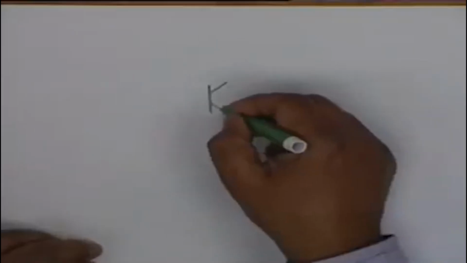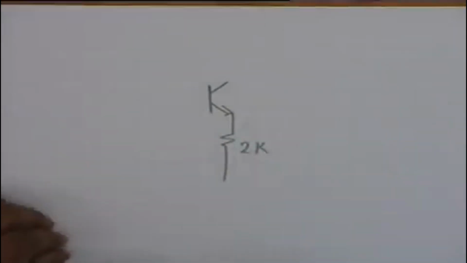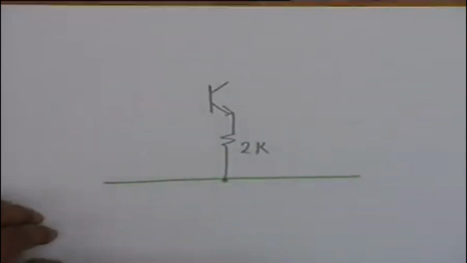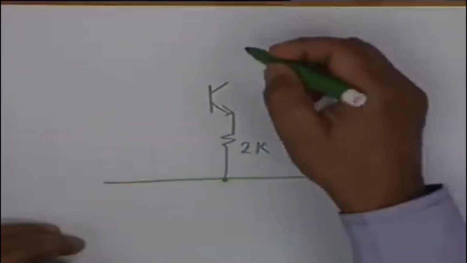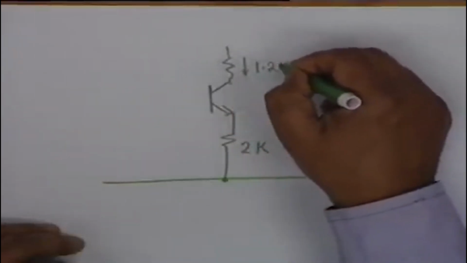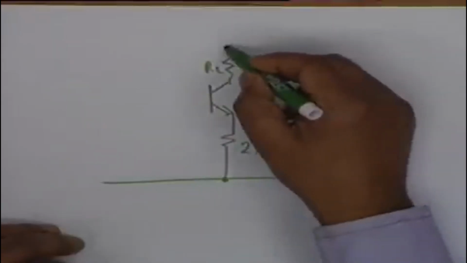Let's take a BJT in which RE is specified as 2K, so we don't have to assume a VE, and the collector current is specified as 1.25 milliampere. R sub C is not known.